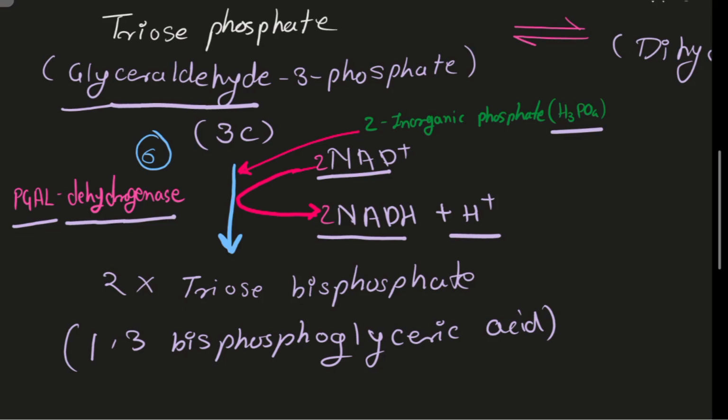From the name of the enzyme and the conversion of NAD into NADH, we can say that the sixth step of glycolysis is the dehydrogenation step, where glyceraldehyde 3-phosphate is converted into 1,3-bisphosphoglyceric acid.